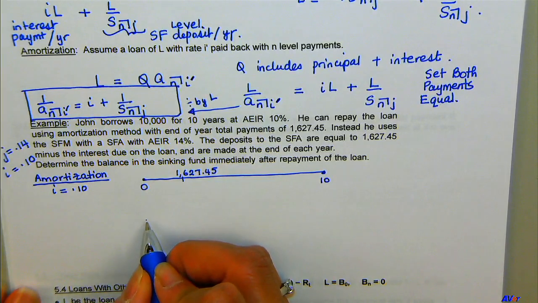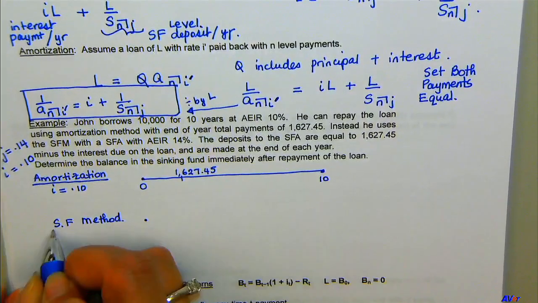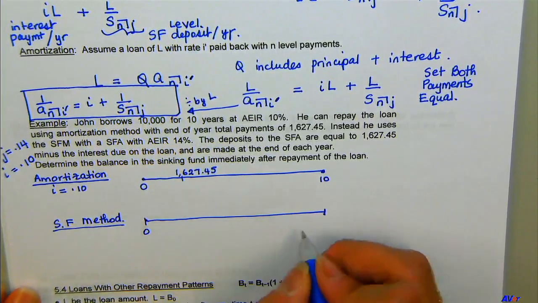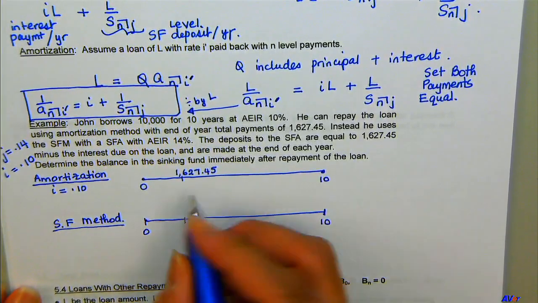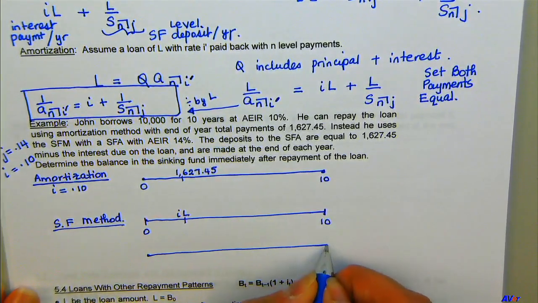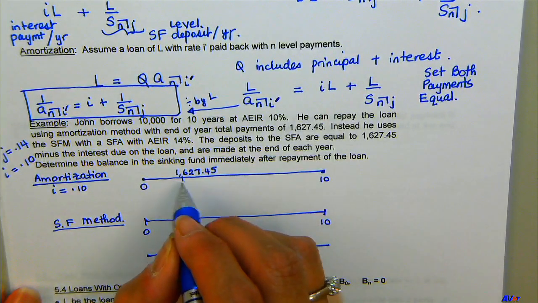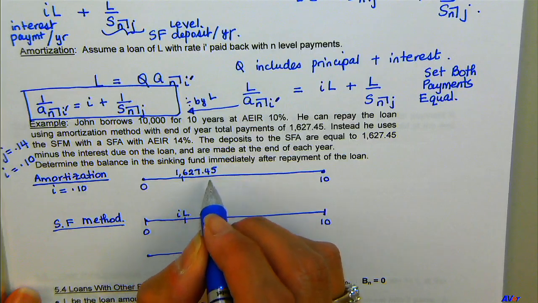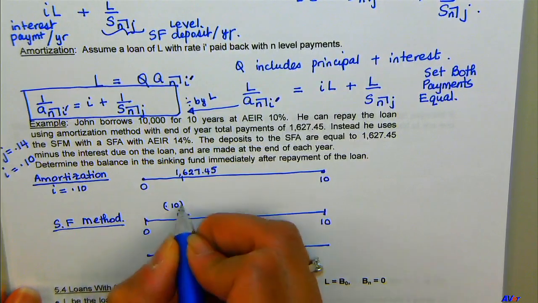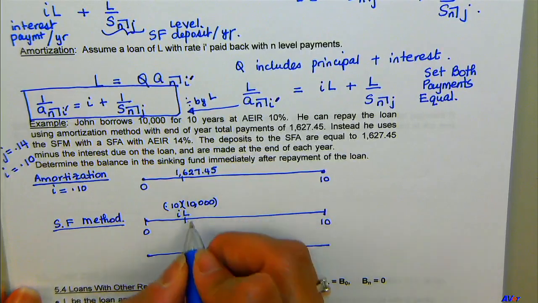So let me draw my sinking fund method. Not only will I be putting IL, but I will also be putting money into a sinking fund. Because they're telling me that instead of putting 1627.45 into amortization, I can put 0.10 times 10,000, which is just equal to 1,000.